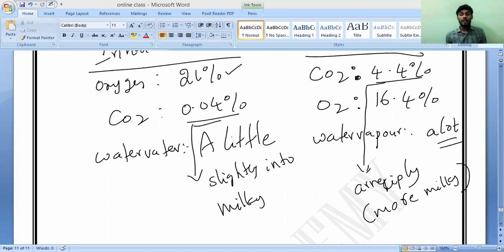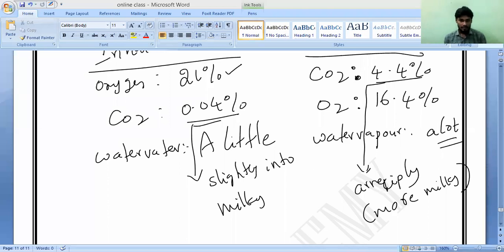Oxygen is more in both, but compared to carbon dioxide, in inhaled air it is just 0.04 and in exhaled air it is 4.4. Water vapor also is little in inhaled air and a lot in exhaled air.